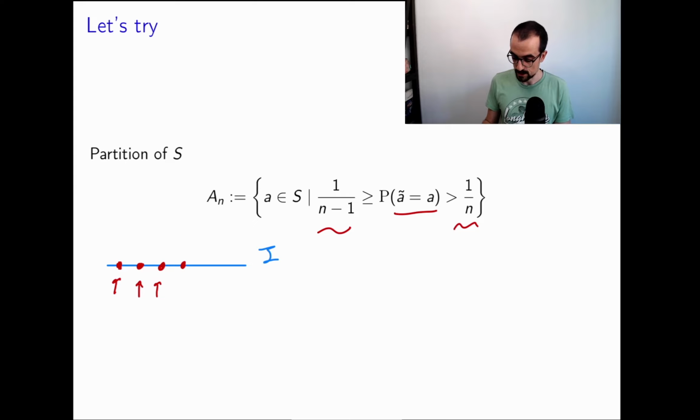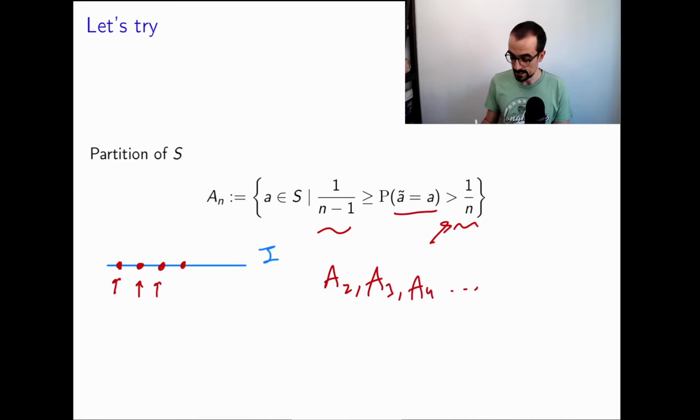Because eventually 1 over n goes to 0, this is a countable family A1, A2, no, actually we start at A2, sorry. A1 doesn't make any sense, because this would be probabilities between 1 and infinity. Probabilities cannot be larger than 1. So A2, A3, A4, and so on.